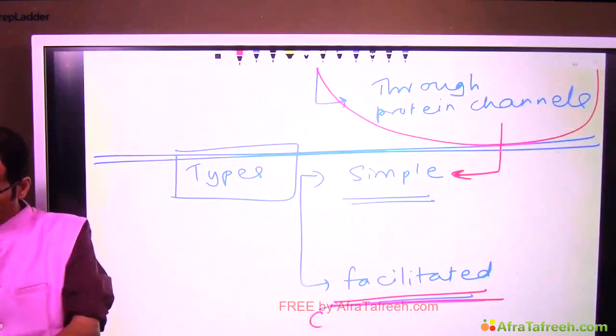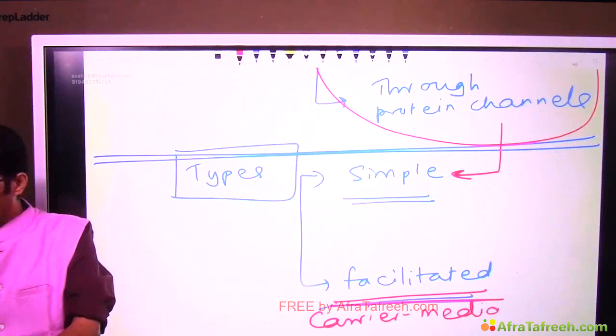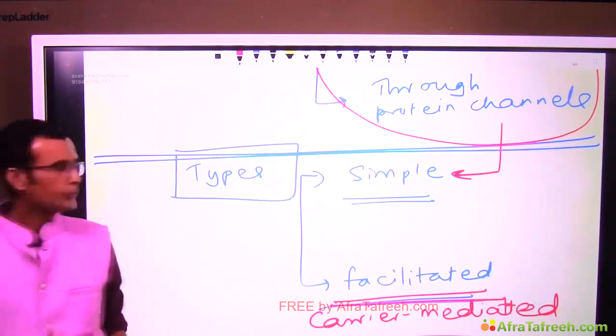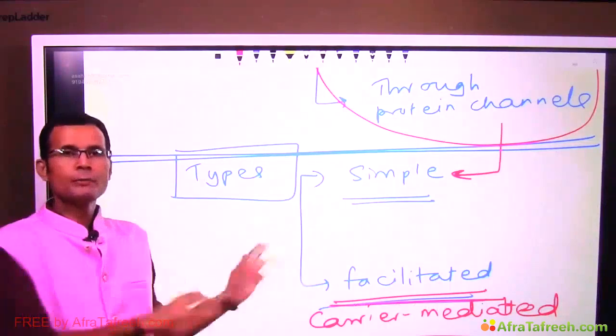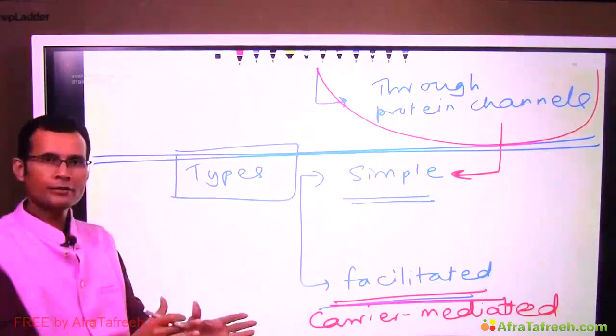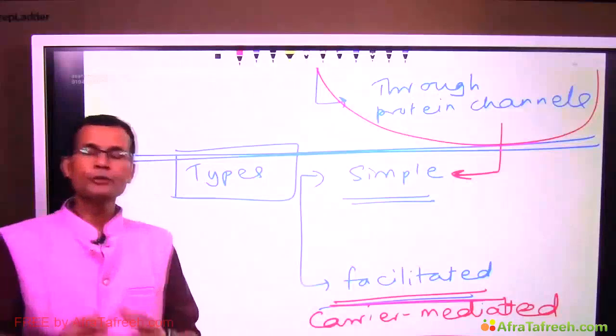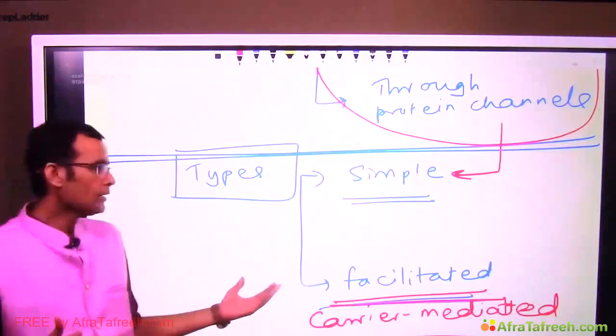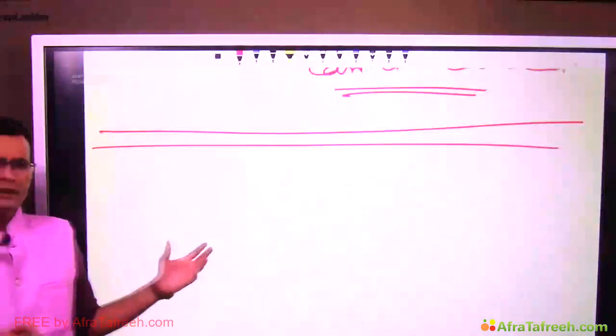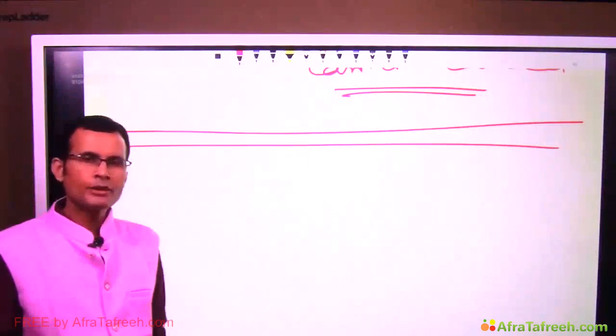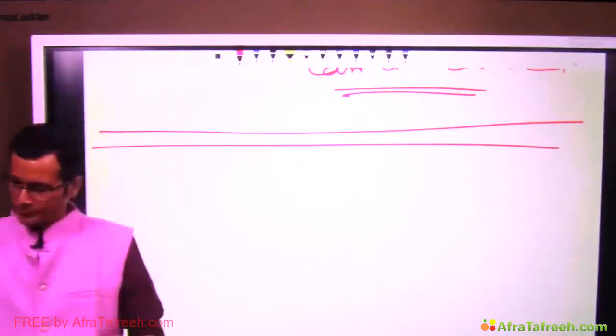Facilitated diffusion is a carrier mediated transport. So basically the difference between these two: simple diffusion occurs through the lipid bilayer or through the channels. Facilitated diffusion is carried out by the carrier. Let's see the various aspects of these two and also the examples.